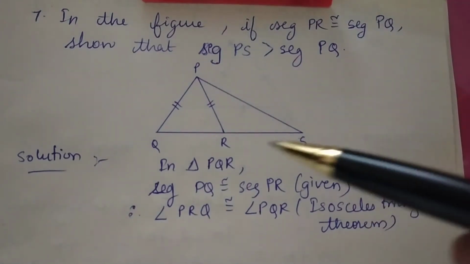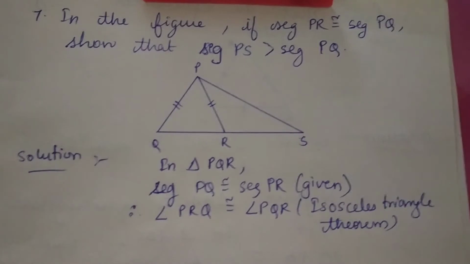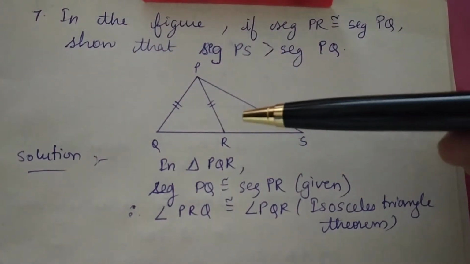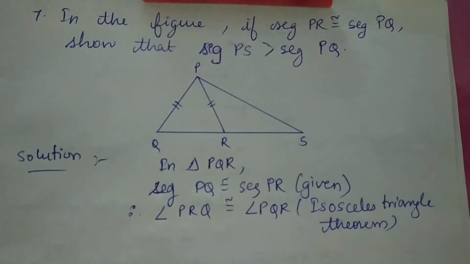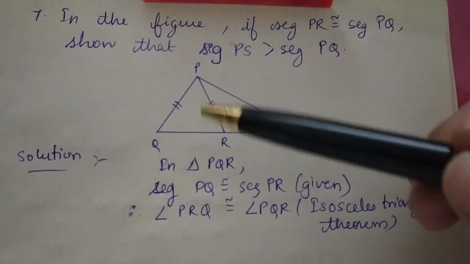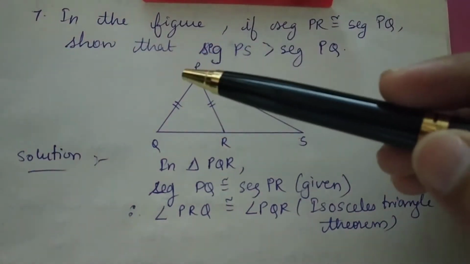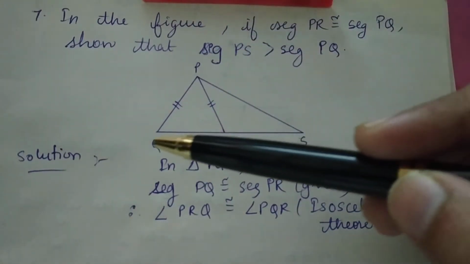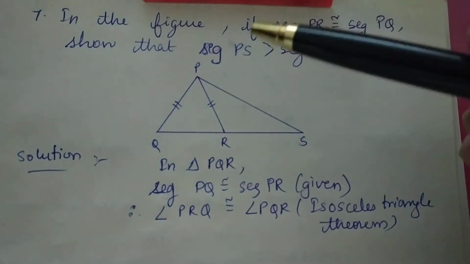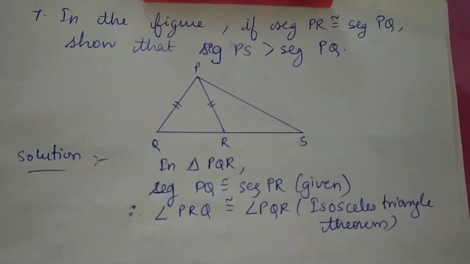Okay, now after using this triangle, we'll use this triangle. Now in PRS nothing is given to us, so what logic will we apply here? See, how can we relate angles here and here? So we will say that PRQ is an exterior angle of triangle PRS. I hope you all are aware of exterior angle. Yes.